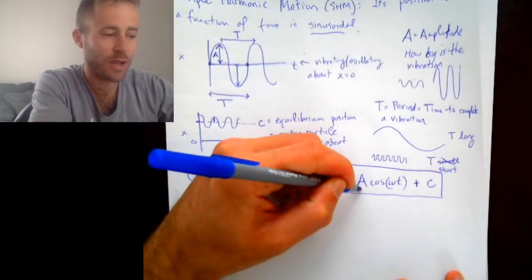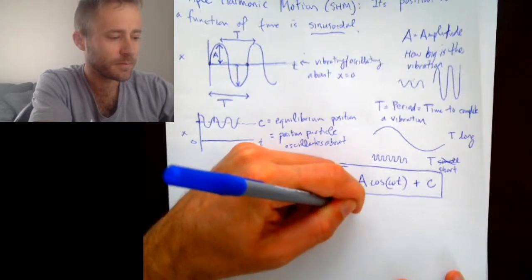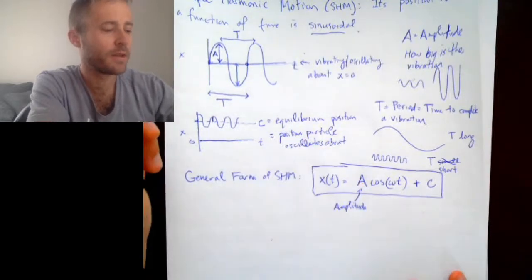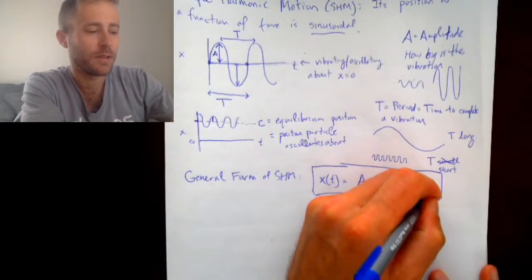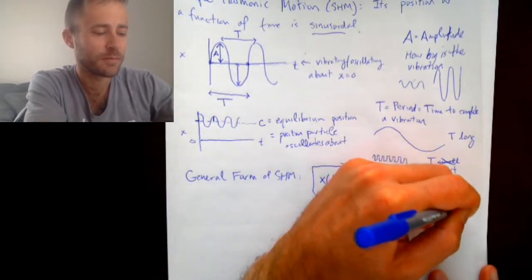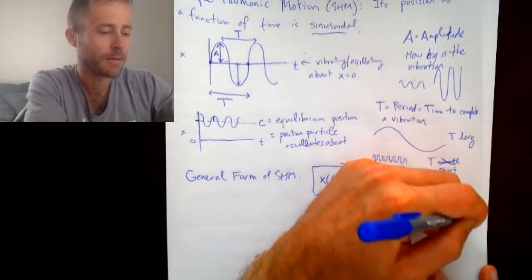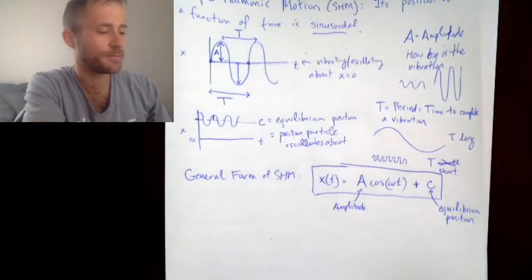So capital A is the amplitude. C is the equilibrium position.